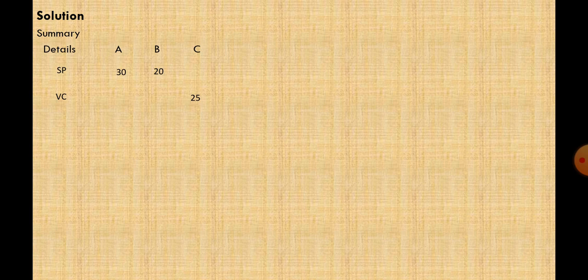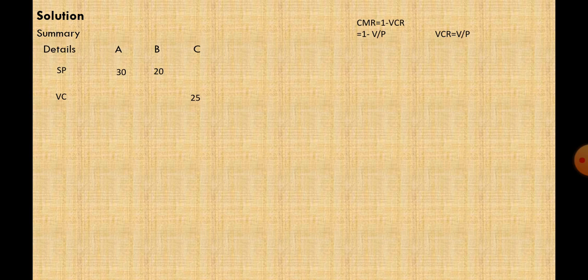What does that mean? The contribution margin ratio is equivalent to 1 minus the variable cost ratio, and the variable cost ratio is equivalent to the variable cost over the selling price. We are told in the question that the variable cost to sales ratio is 40%.